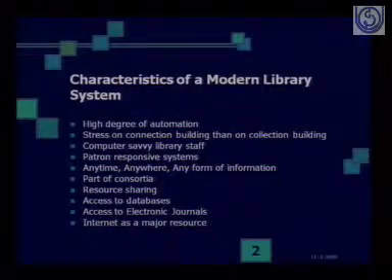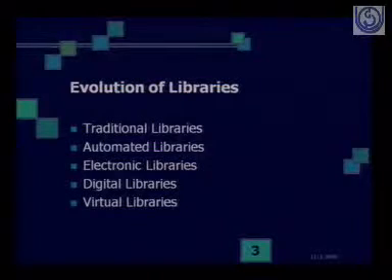Now, before I begin with what digital libraries are all about, let me talk about how libraries have evolved over so many centuries. Since time immemorial, we have had libraries in one way or another, and as we view them today, we refer to them as traditional libraries. In many places, you can still see some of these traditional libraries.